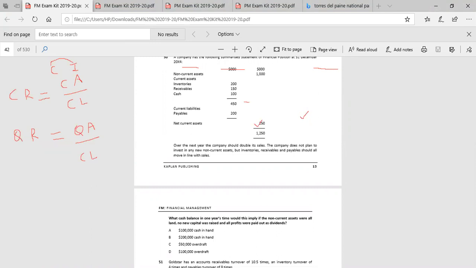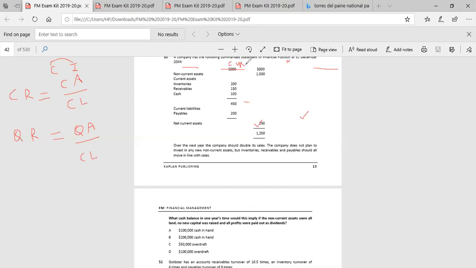So, this is the current year. Have two columns for the next year. This is current year, and this would be next year.